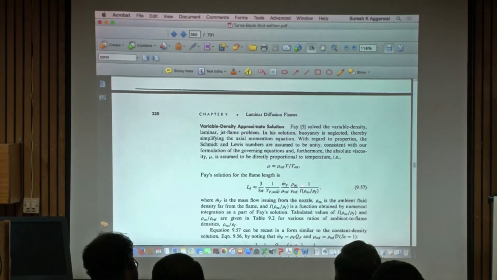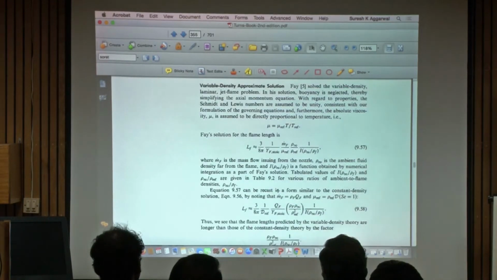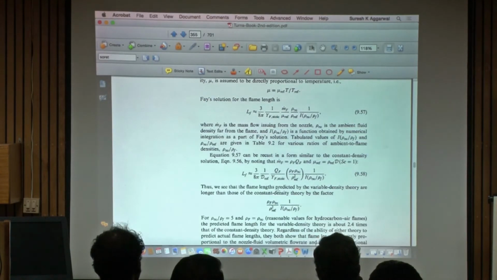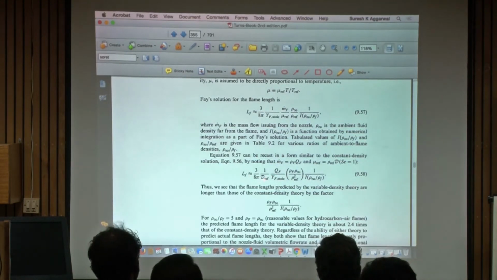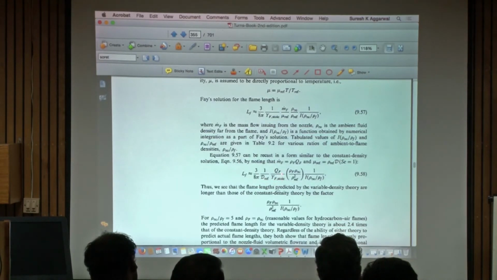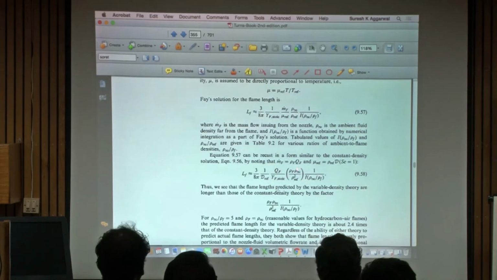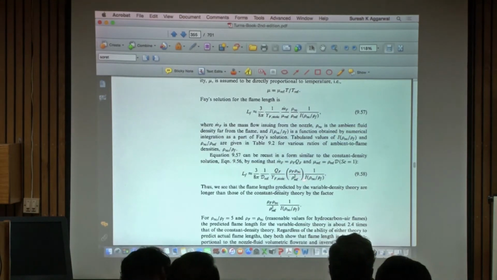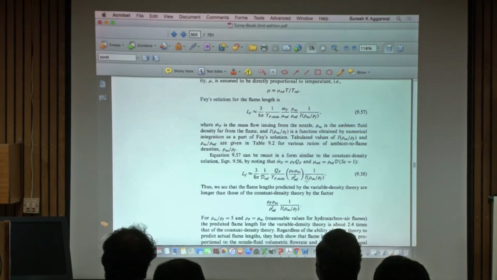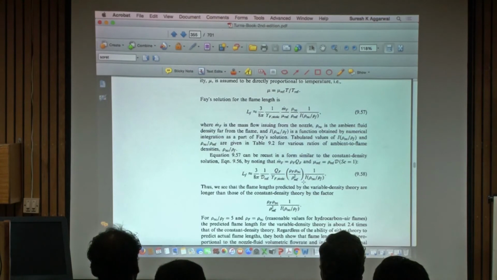So there's some density effect that appears in this solution. Then you can write the same solution in a more familiar form. Here you have the diffusivity, YF stoichiometry, and QF. Then there are some factors which are dependent on the densities. So this is the extra factor, you can say.